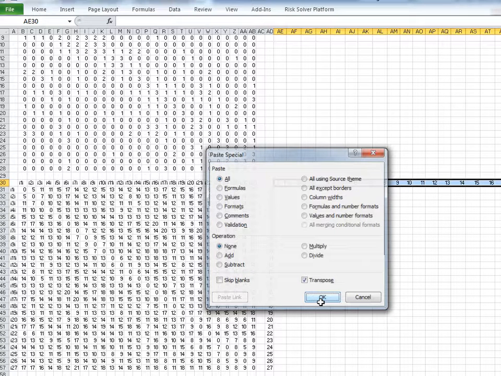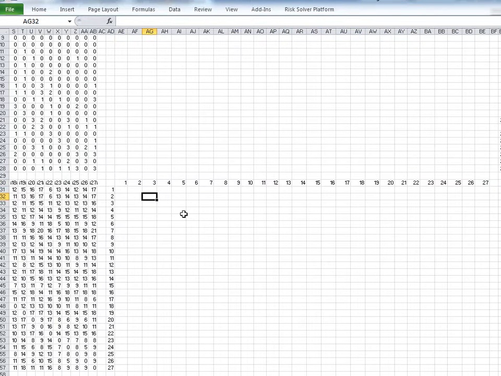Now we have nicely points that are numbered by just sheer numbers, 1, 2, 3 to 27, and here they are. Now we would like to calculate.